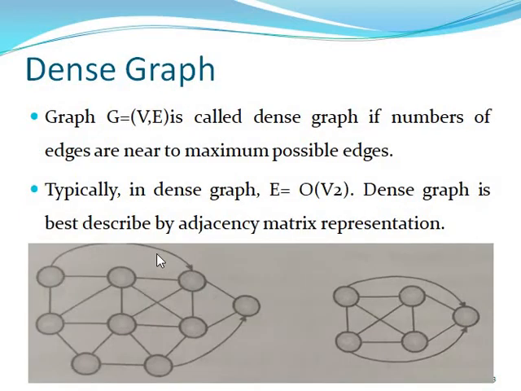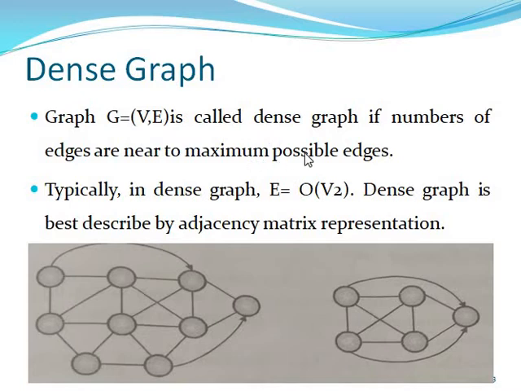Next we have the dense graph. So what is the dense graph? The dense graph has the maximum possible number of edges. It means it represents the maximum number of possible edges, and it is denoted big omega of V square. The dense graph is best described by the adjacency matrix representation. This is one graph you have seen, and what is the possibility?